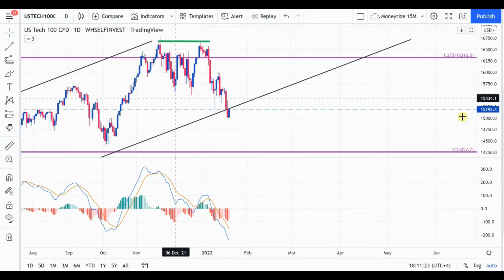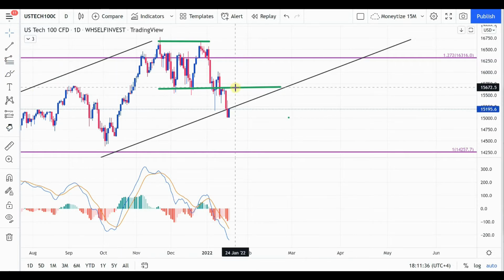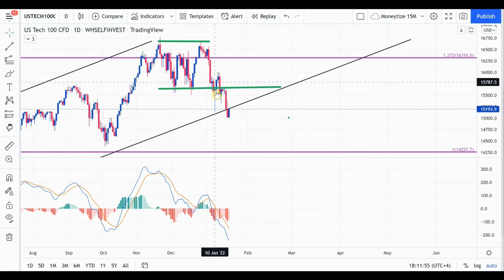Also, it has now broken below this area, which was around 15,665. This was a crucial support because it made a double bottom support at this level, which is 15,665, and a new double top at 16,700. So once this support was broken, the price immediately rushed lower and broke this rising trend line.